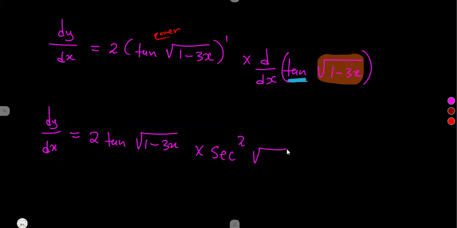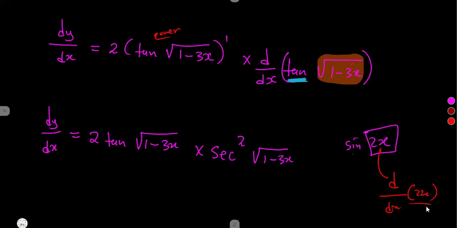Make sure that you watch the introduction, guys, when I was talking about differentiating. Maybe you're given sine of 2x, where I said you can differentiate sine of 2x with respect to 2x. Then you differentiate the 2x with respect to x on its own. So this is what we just did here.